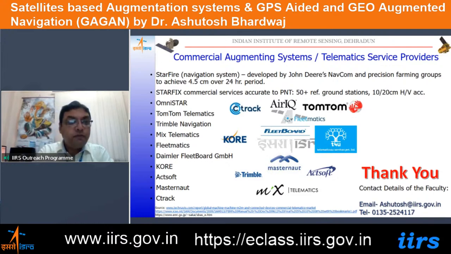Then Trimble is also providing the RTX satellite and RTX internet based services. So through the internet as well as through the satellite, both services are available from Trimble Navigation. Similar service is available from Leica also, and Mix Telematics.